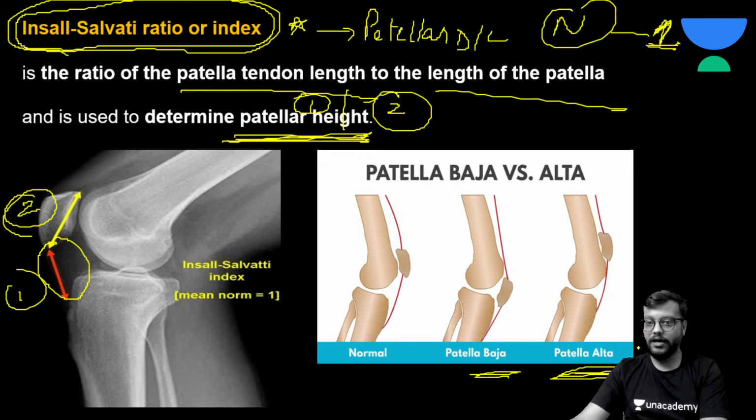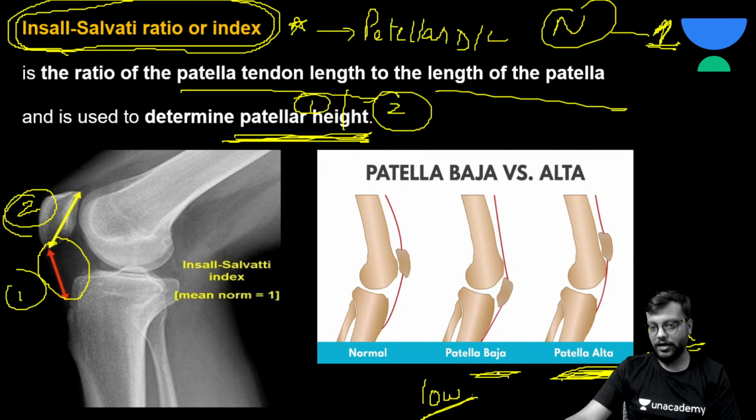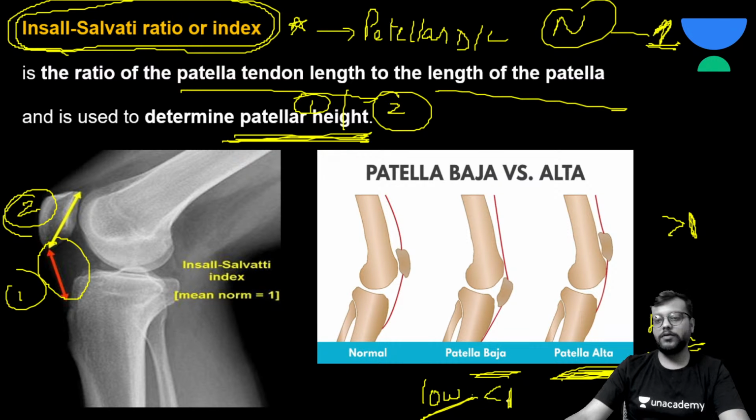So A comes first, so upward, toward the femur, is patella alta, high patella, and patella baja is downward, a low lying patella. So in patella alta this ratio will be more than 1, and in patella baja this ratio will be less than 1.